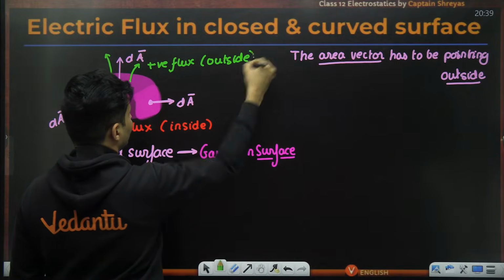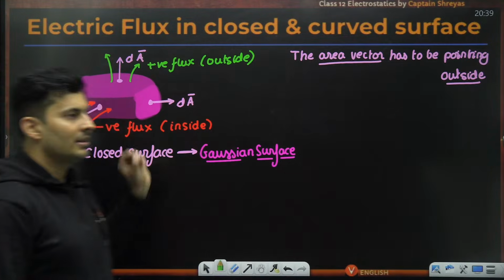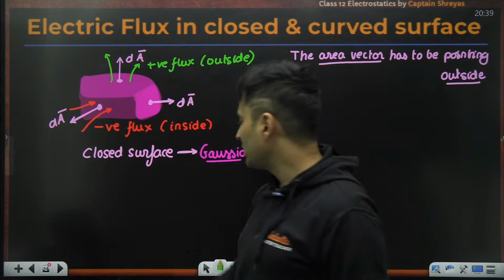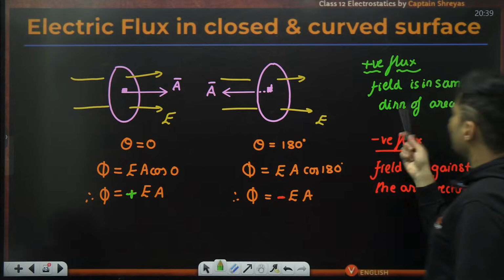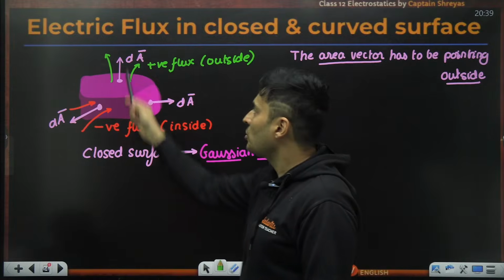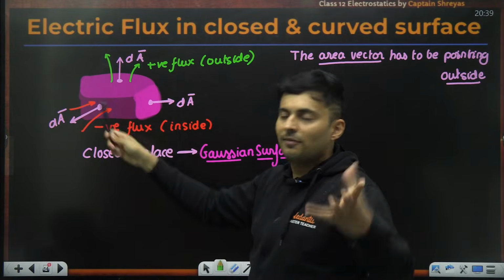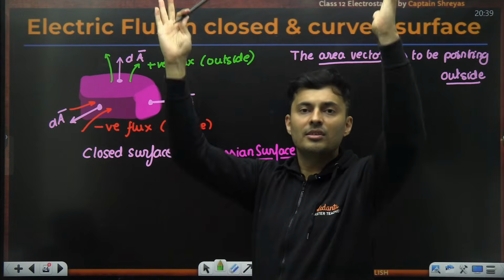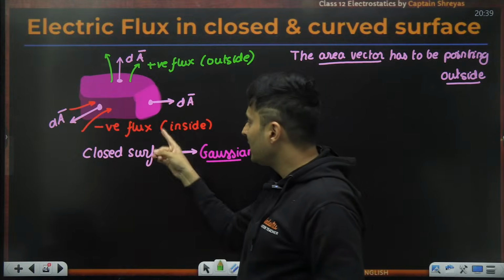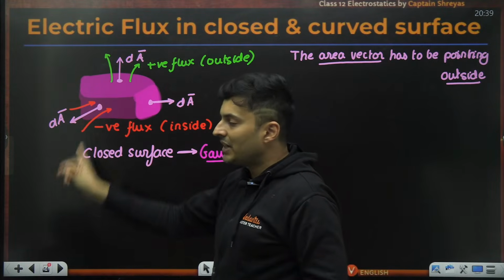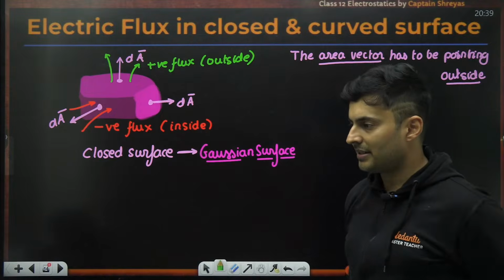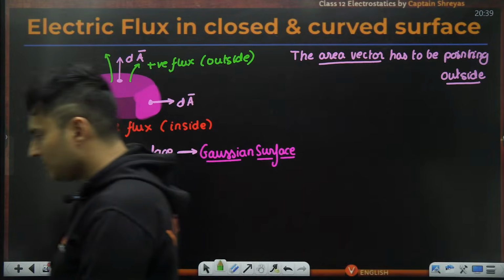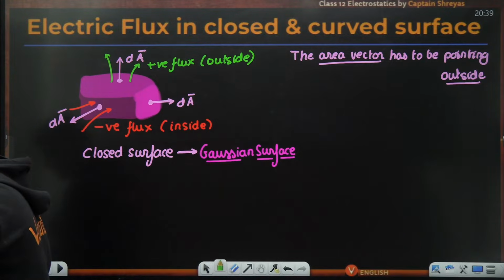This is by pure sign convention, because if the flux is positive, that means the field is in the same direction as the area vector. The area vector being outwards, the flux is positive means the field is also coming outwards. If it is negative flux, that means the field lines are going inwards, inside the closed surface. Are you able to visualize this? Everyone with me? Yep.